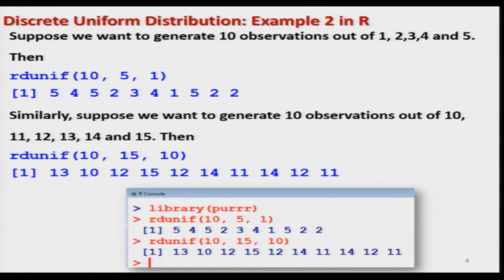Suppose we want to generate 10 observations out of 1, 2, 3, 4 and 5. Imagine a population of 5 numbers, and we want to generate 10 observations following the probability mass function of this discrete uniform distribution.